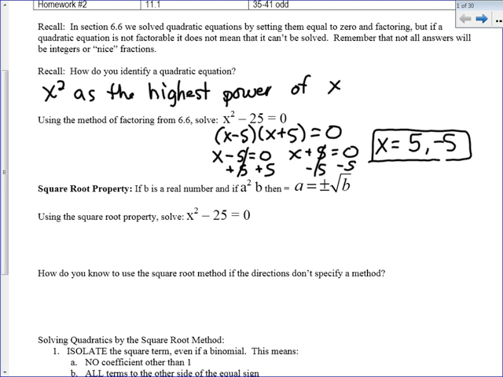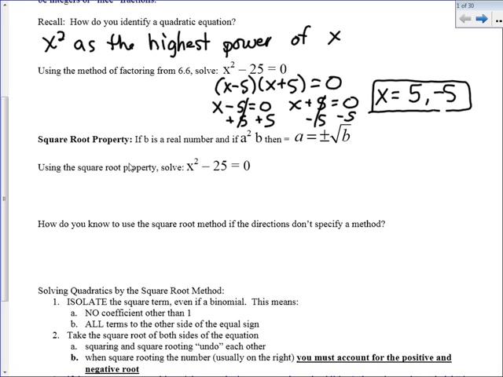Now, what we're going to do is we're going to solve that same equation, but we're going to use a different method. And this method is called the square root property. So the square root property, part of what's important in Unit 4 is keeping straight all of the setups. Now, there's really only two setups, equal to 0 or equal to a constant.